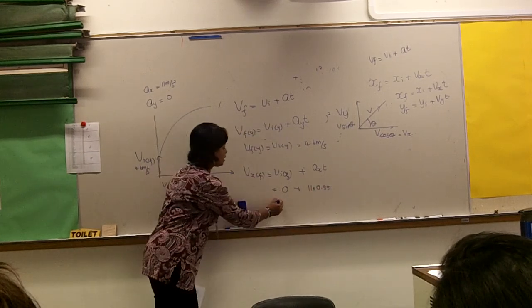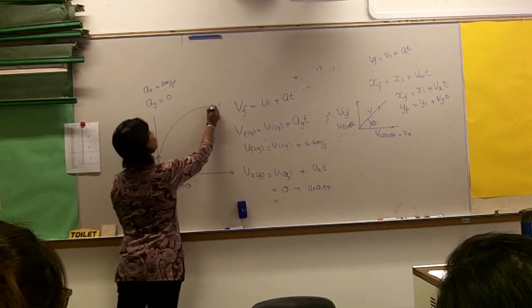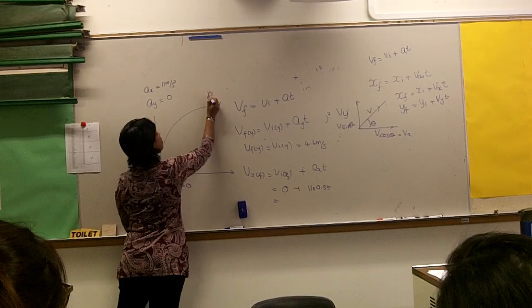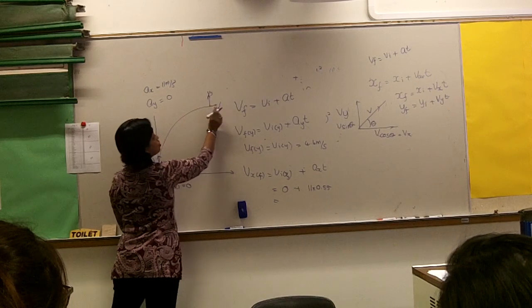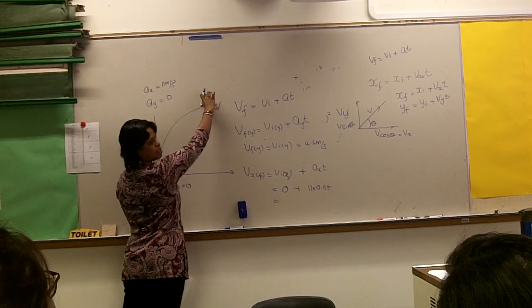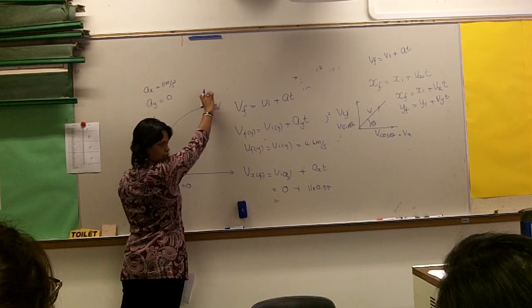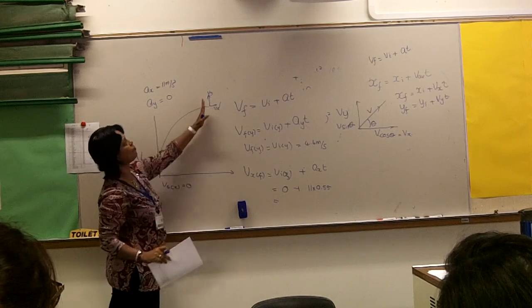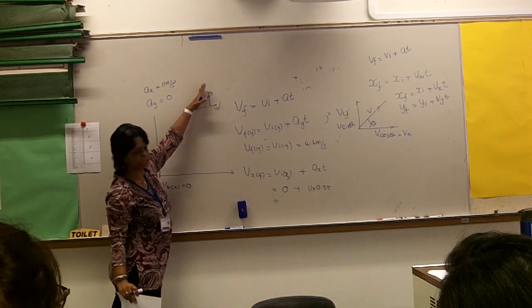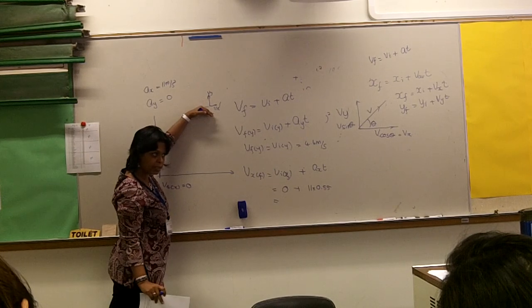So after 0.55 is gone, you are getting your Vy and Vx. This velocity has not changed because there was no acceleration. Even after 0.55, the y direction velocity has not changed, but you have a velocity in the x direction. Got it?